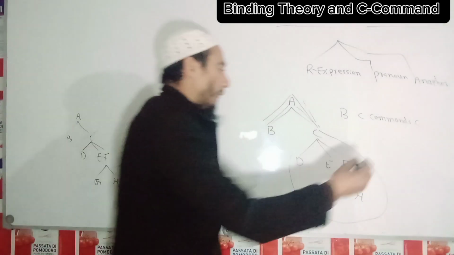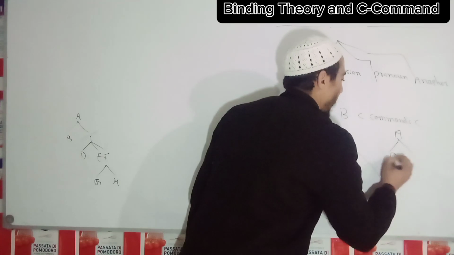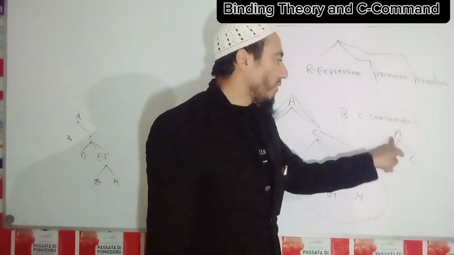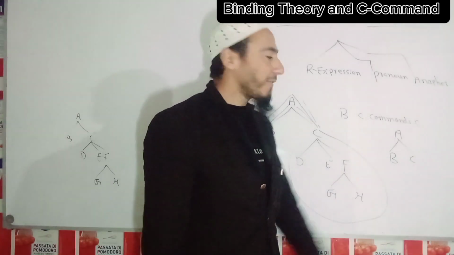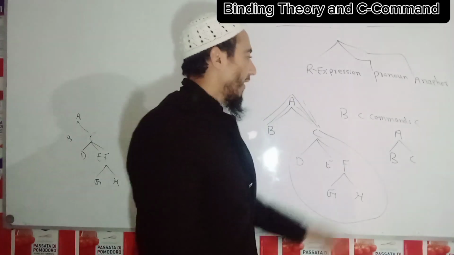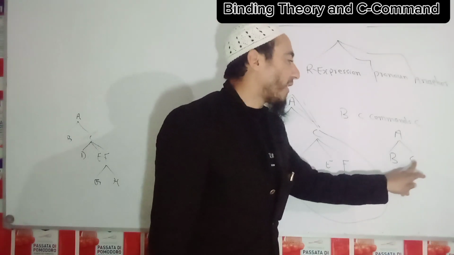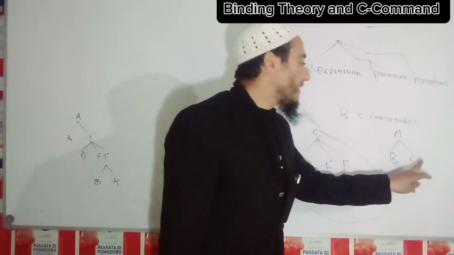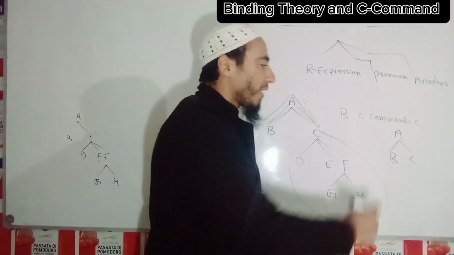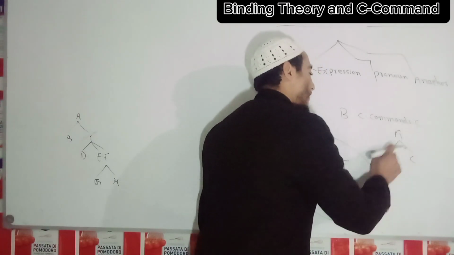Now let me talk about B and C. This is a node, and these two are the daughters of the same node. So what kind of relation do we call it? B C-commands C, and C C-commands B, because it goes up and then down.